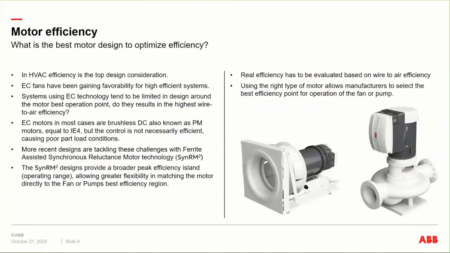It integrates a brushless DC permanent magnet motor, which can have between IE4 and low IE5 level efficiency, and a DC power converter. The control in itself isn't generally efficient, only at its maximum operating point, which leads to, when you're running at partial load and partial speed, which most HVAC applications run at, the control itself suffering.